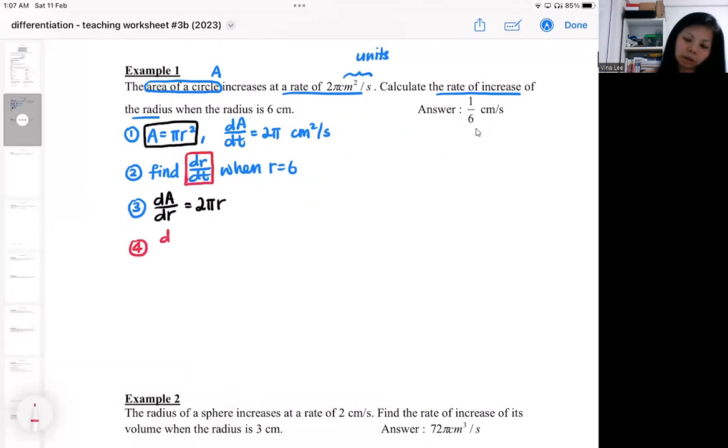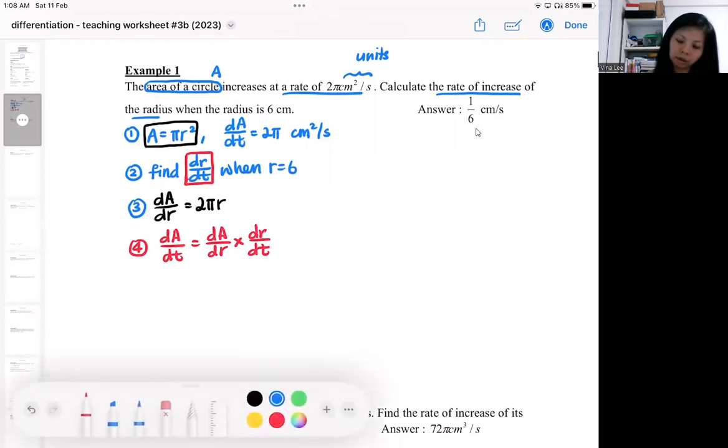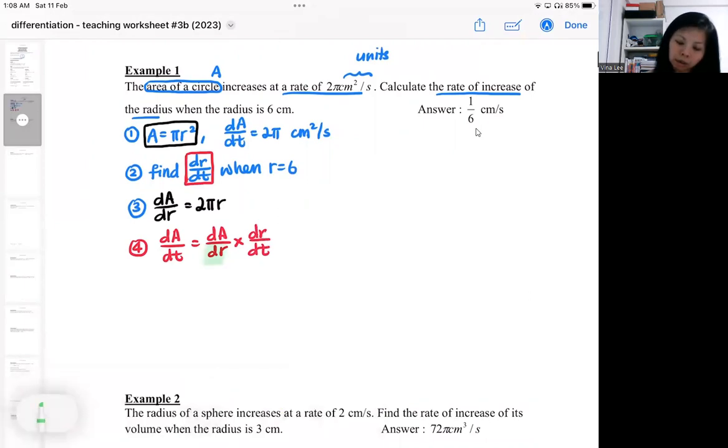So I can use a generic one. The generic one will be like this. Again, you can see that this dr is cancelled away.